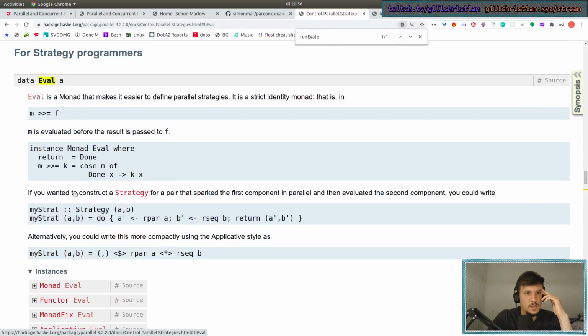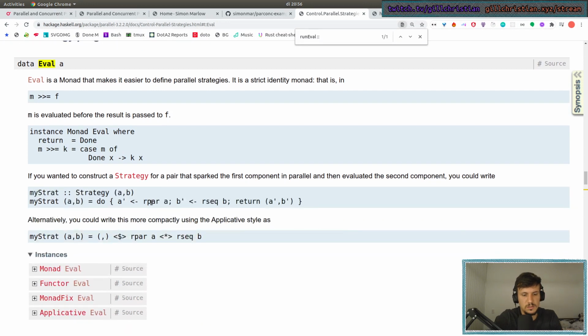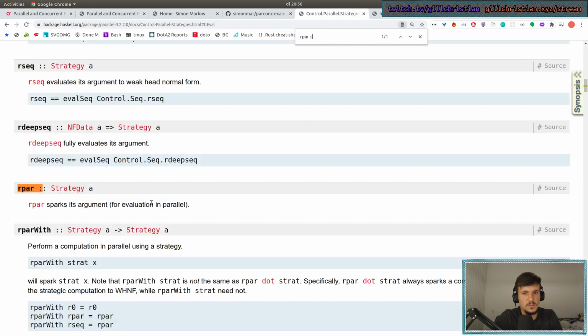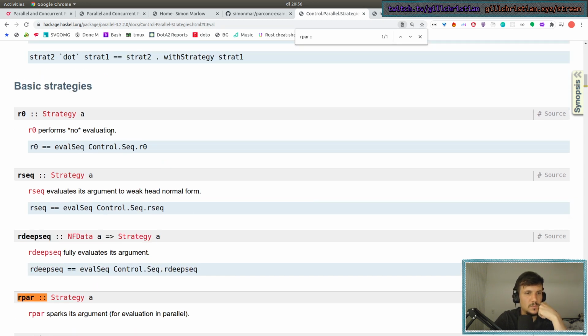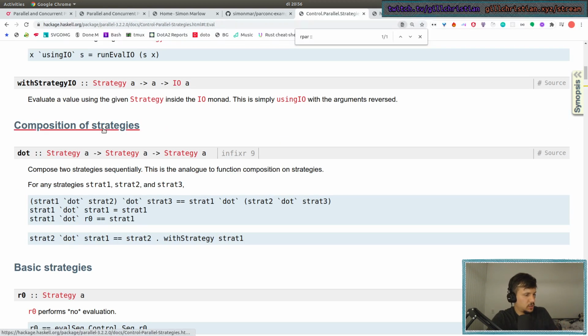And then there is rpar, which is a strategy and runs things in parallel, and rseq runs things sequentially. But it evaluates to weak head normal form, not to the full thing. Then there is this one, rdeepseq, with performance in evaluation. I think they are explained later in the book.